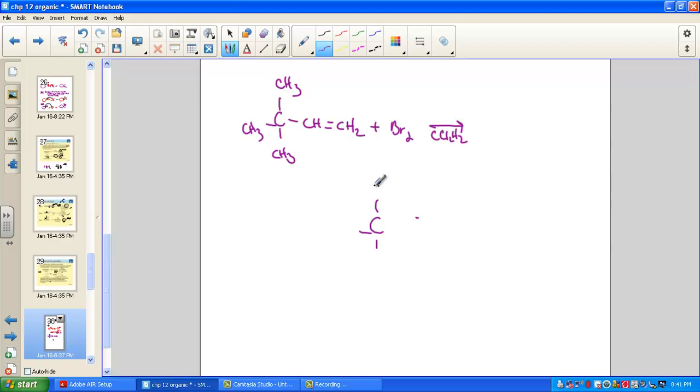We have a carbon with 3 carbons hanging off of it. So here's CH3, CH3, CH3. So a tert-butyl ending here, kind of common. Then we have a carbon that had a hydrogen here, and now a chlorine.